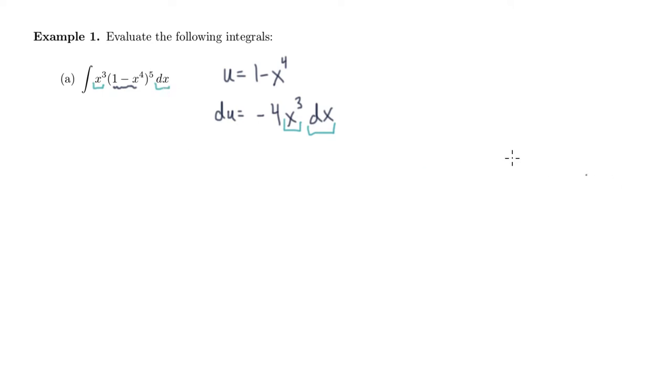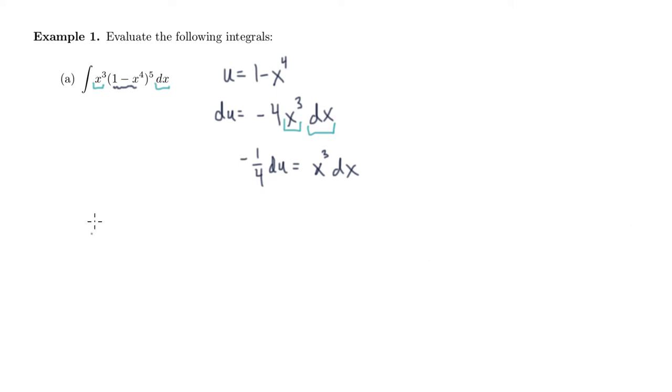So let me actually solve for x cubed dx. Well, I just need to divide by -4. So -1/4 du is equal to x cubed dx. And now I can actually substitute x cubed dx with negative 1/4 du.